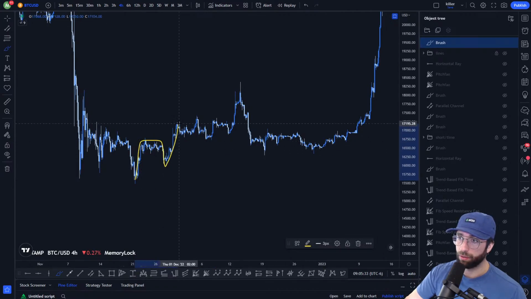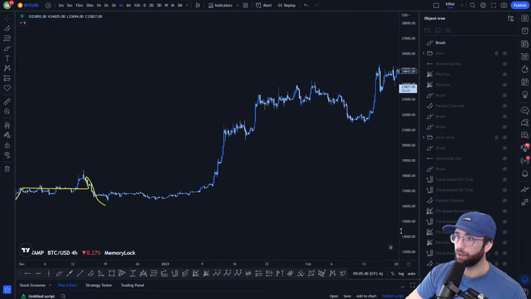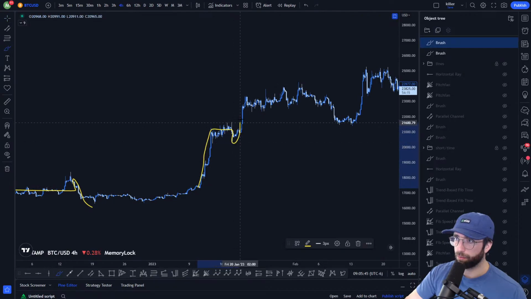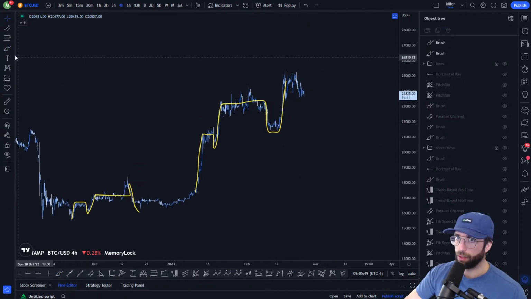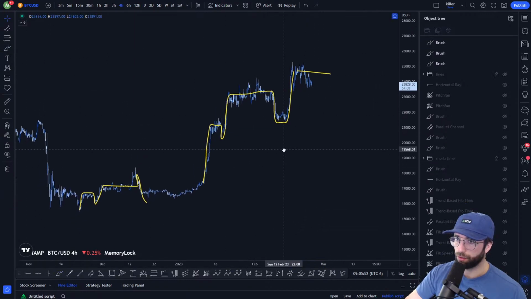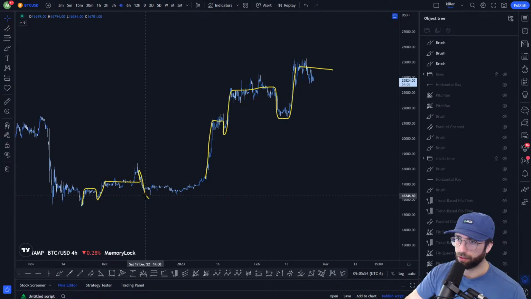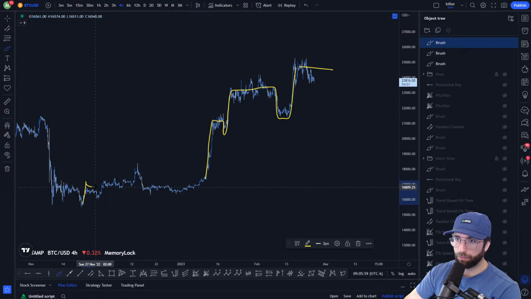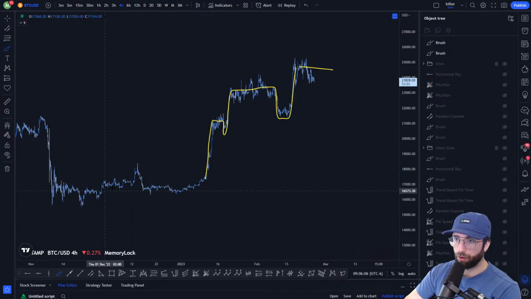Channel, sweep, pump, channel, sweep, and we can go up here: pump, channel, sweep, pump, channel, sweep, pump, channel, and so on and so forth, right? And this one was even some degree of a larger sweep. So down here, it was pump, channel, sweep, pump, channel, sweep, pump, channel, larger sweep, right? Where we take out more of these lows.